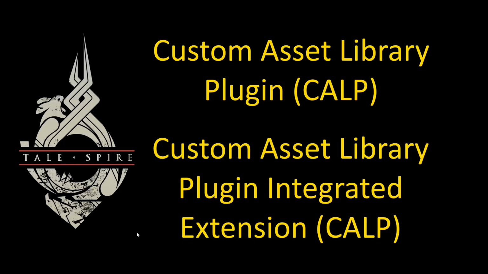I missed the IE on the abbreviation. But anyways, the idea here was that CALP would do the bare minimum and bring custom assets into Talespire, into the menu, and CALP-IE would add a whole bunch of bells and whistles, such as animations, sound, auras and extensions. But that way, if some update broke CALP-IE, it wouldn't necessarily break CALP.